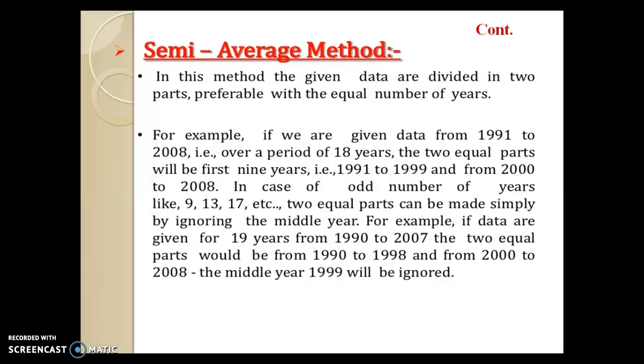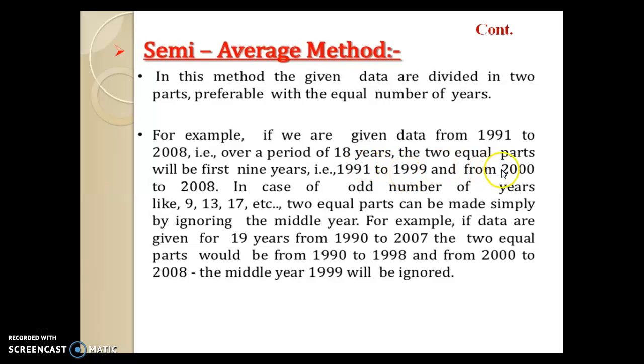As per the procedure of semi-averages, for example, if we are given data from 1991 to 2008, that is 18 years, it means the data divided into two equal parts will be first 9 years. 18 years divided into two parts means 9 years, that is 1991 to 1999.